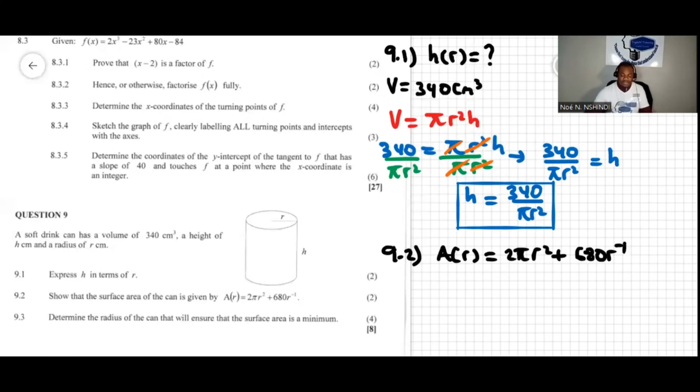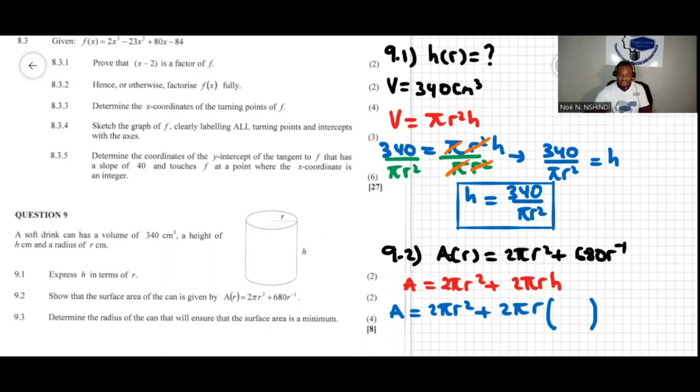Well, by definition, we know that the total surface area of a cylinder is given by 2 pi r squared plus 2 pi r h. Now we're going to substitute following this formula. A will be equal to 2 pi r squared plus 2 pi r h.